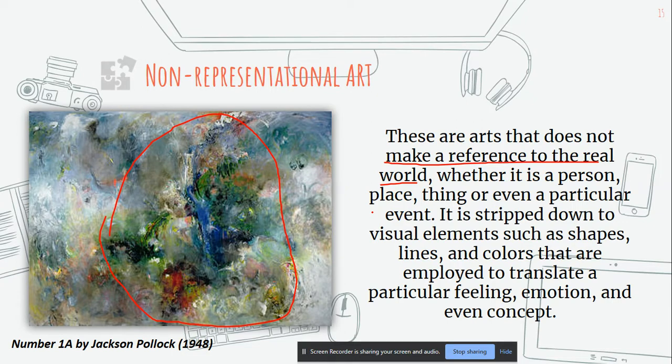It is stripped down to visual elements such as shapes, lines, and colors that are employed to translate a particular feeling, emotion, and even concept. Upon looking at the painting, this one by Jackson Pollock, you can just see something that is messy. It looks to be chaotic.